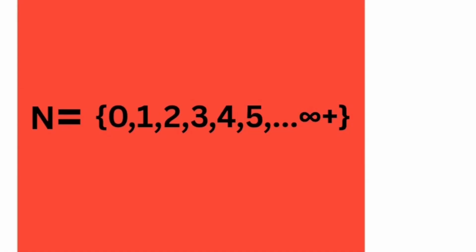In many university level, set theory, logic and computer science contexts, natural numbers are equal to non-negative integers starting from 0. N is equal to 0, 1, 2, 3, 4, up to positive infinity. 0 is included because of Peano axioms, empty set cardinality, etc. Key characteristics of natural numbers.